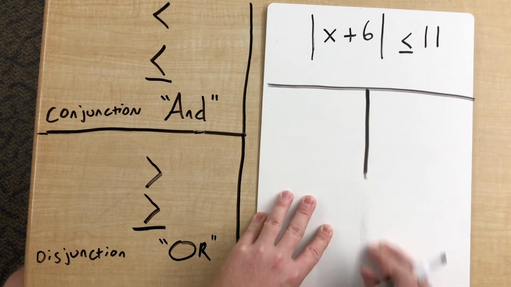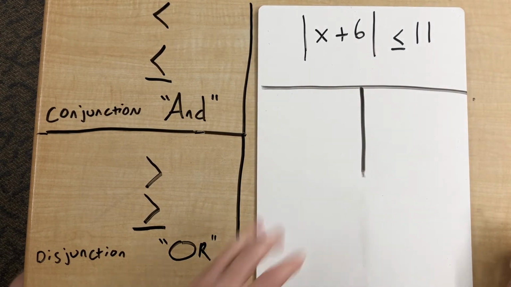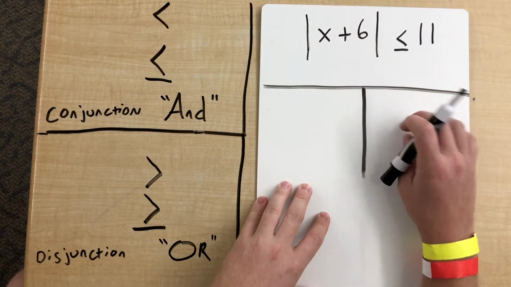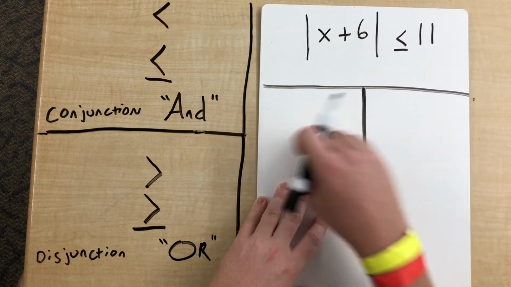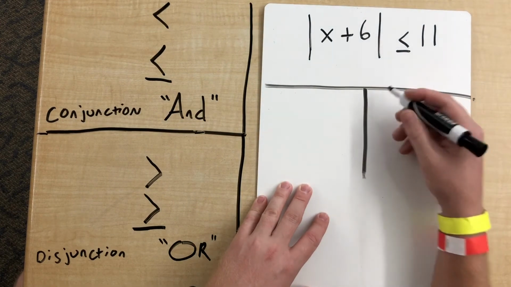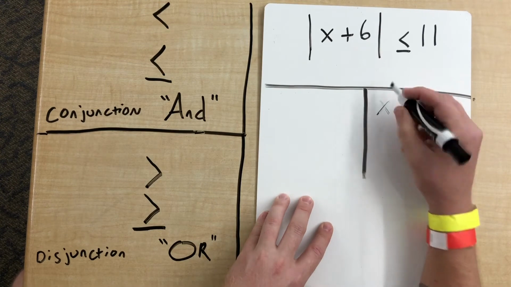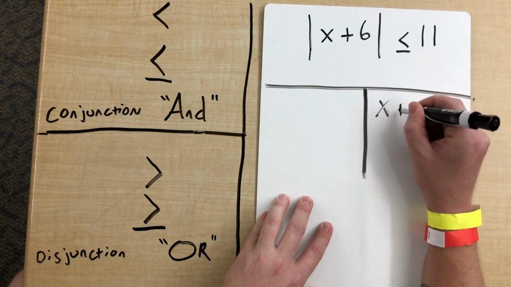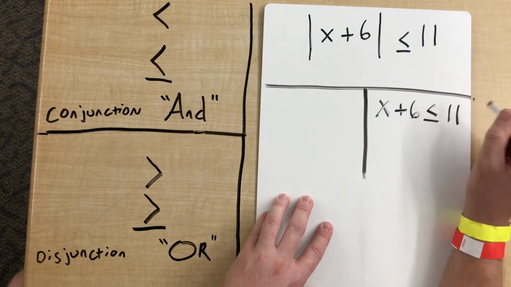Okay, first equation that I'm gonna set up, and on and statements, I want you guys to do this. When you do a T diagram, I really want you to do a T diagram because then you can do each equation as if nothing changes on the right side. So x plus 6 is less than or equal to 11.